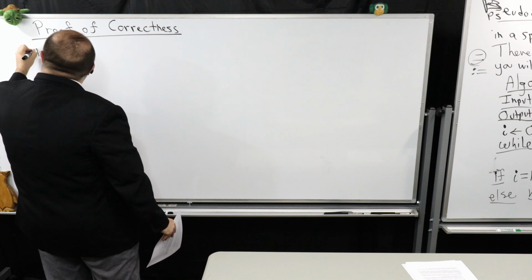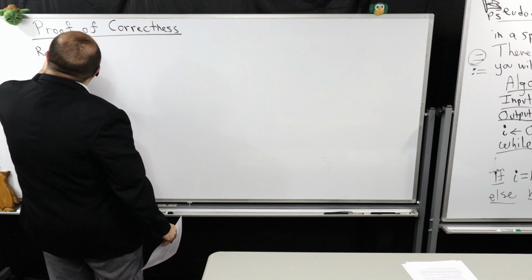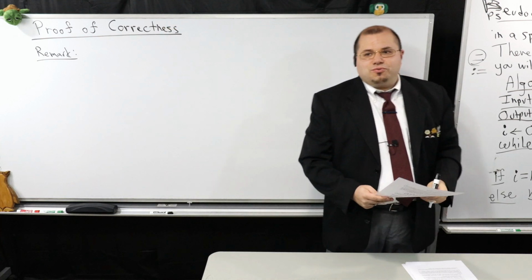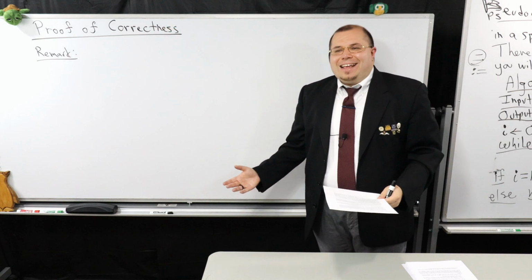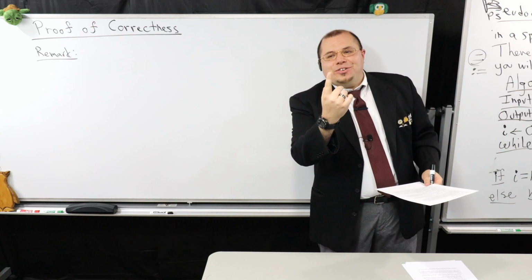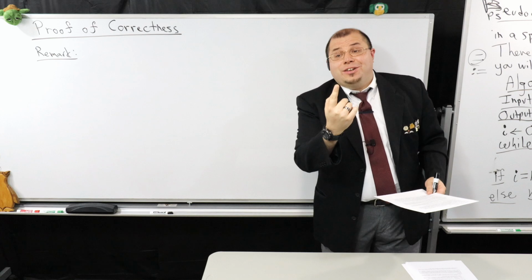So just as a remark, somebody came along and told you, I have this great algorithm and it solves this problem. What's the first thing you might try to do to tell them, no, it actually doesn't work?